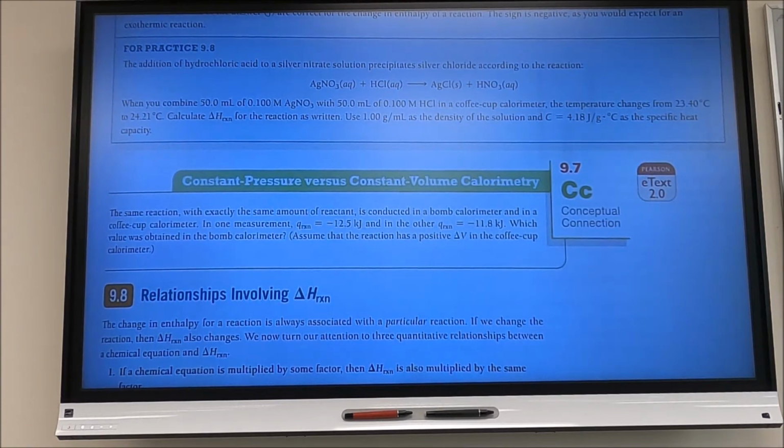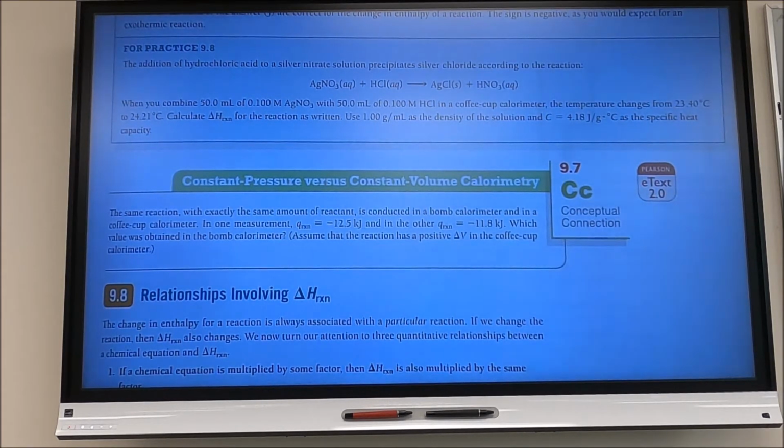The temperature changes from 23.40 degrees C to 24.21 degrees C. Calculate the delta H for the reaction, given that we have a 1.00 gram per milliliter density of the solution and a heat capacity of the solution of 4.18 joules per gram degree C.